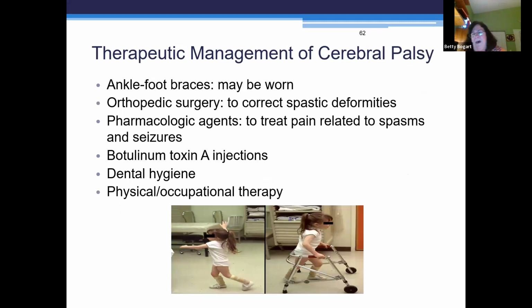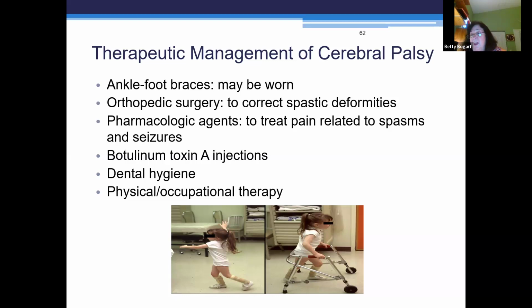Because of these spasms and muscular contractions, they need to be in ankle foot braces so that they don't get foot drop, because the muscles will spasm down like that. Sometimes they need surgery to release tendons because they are spastic and have gotten to that point. They will be getting something for spasms.